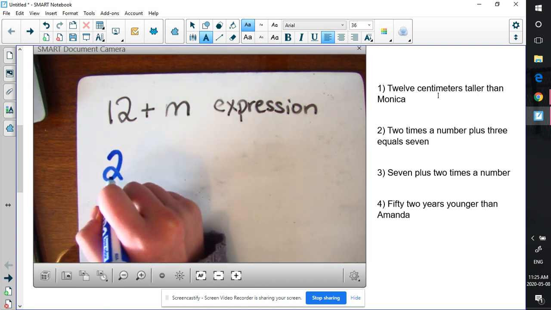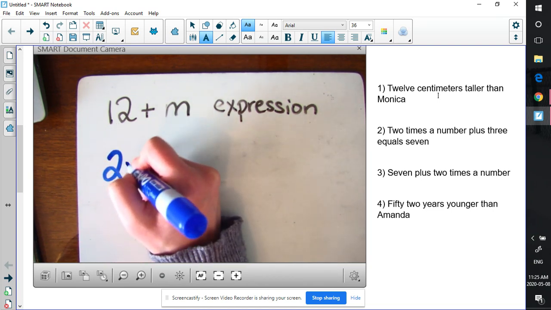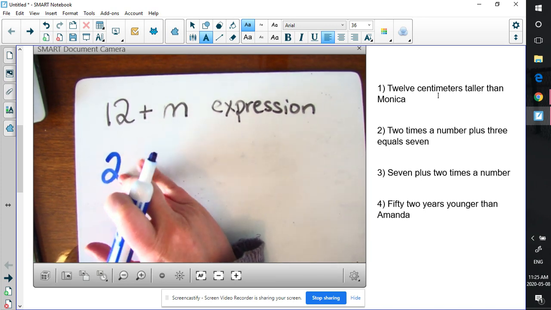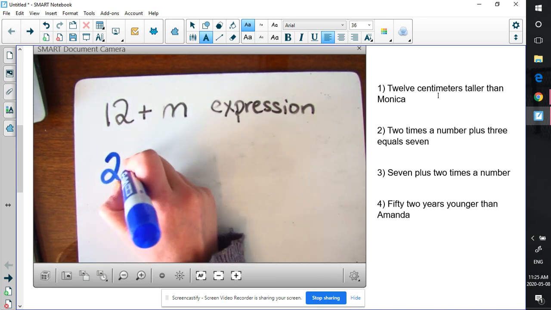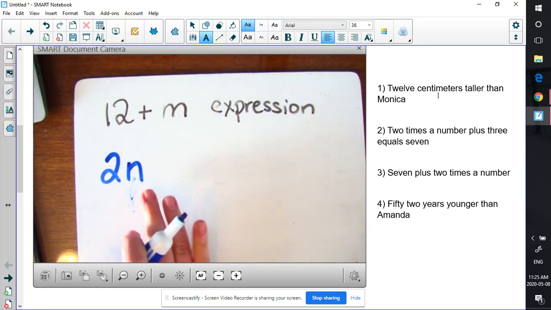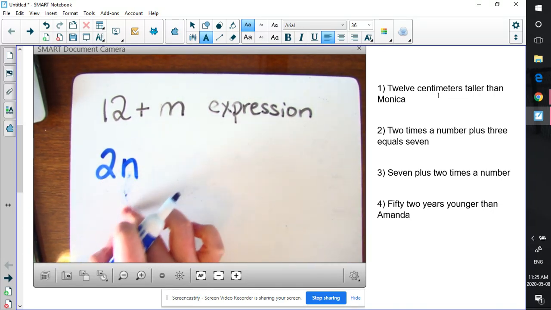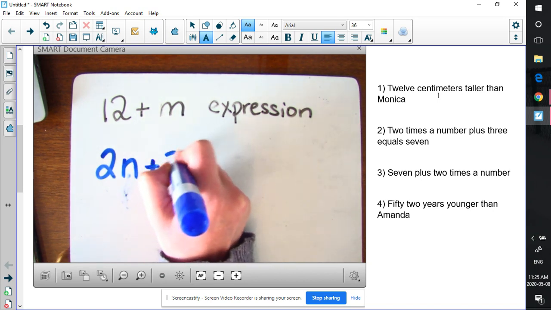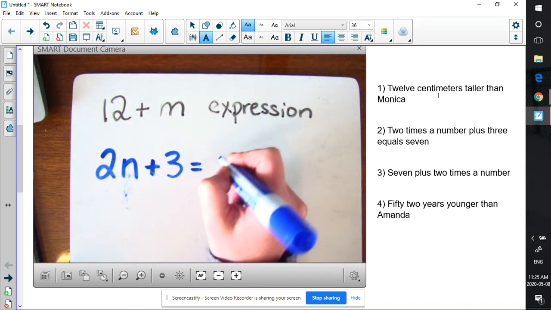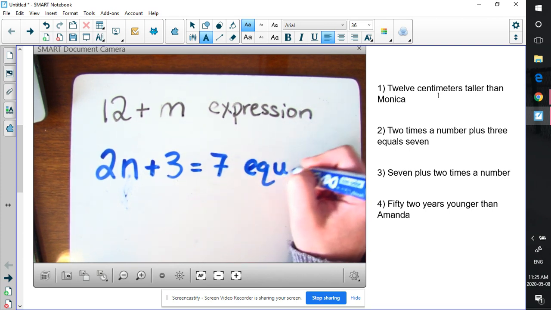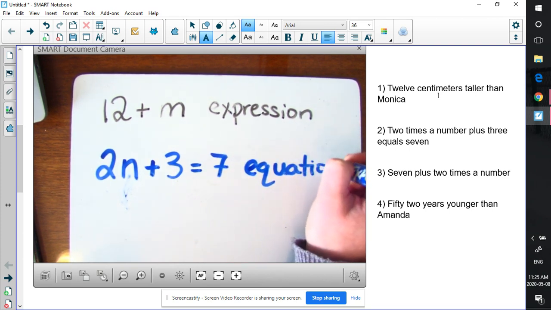Now remember, if ever you have a number beside a variable, you do not need to put a times symbol. You can just put the number right beside the variable. I'm going to put n for a number. 2 times a number plus 3 equals 7. Since there's an equal sign, that makes this an equation.